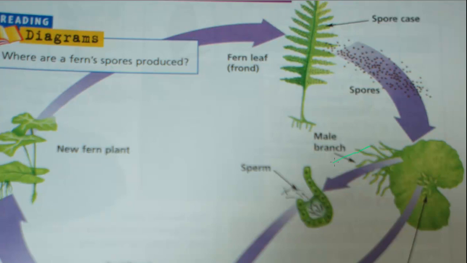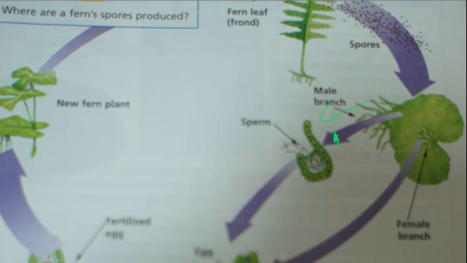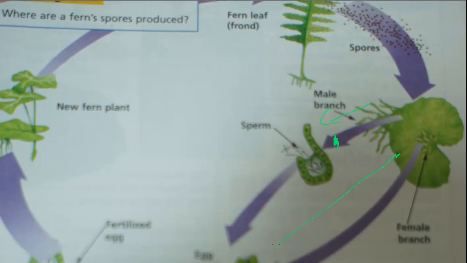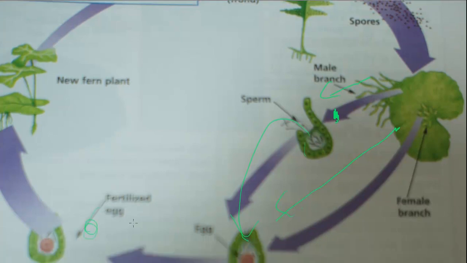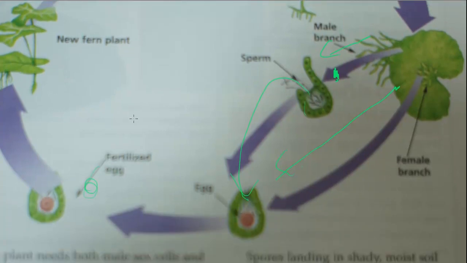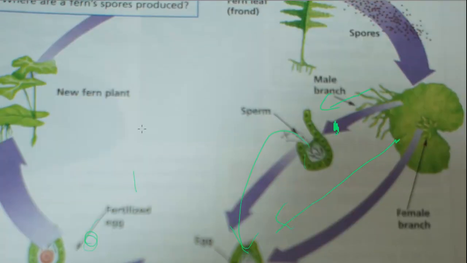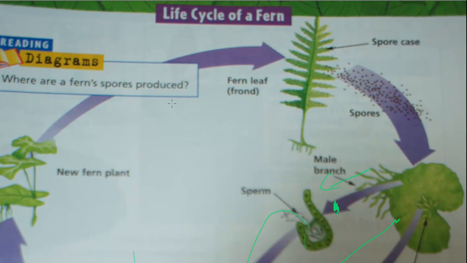Again, male, female, sperm into egg, becomes fertilized. Can you see that? It becomes fertilized, and there's a new fern plant, which gets fern leaf spore cases.